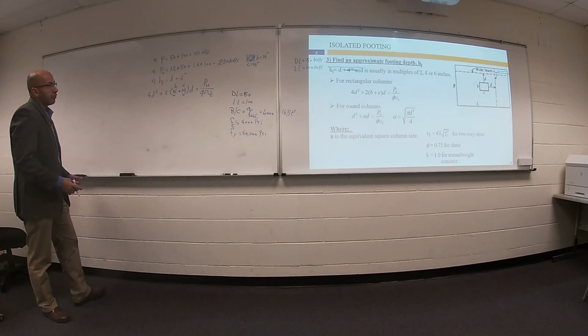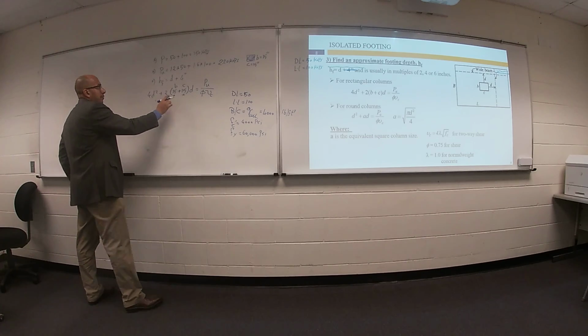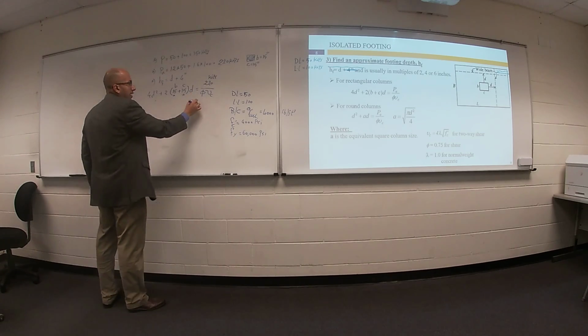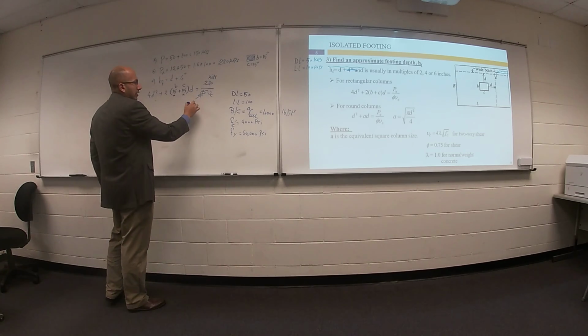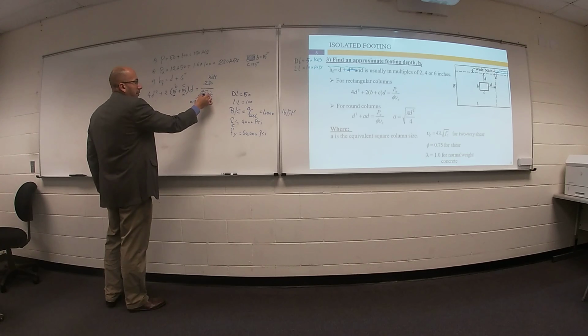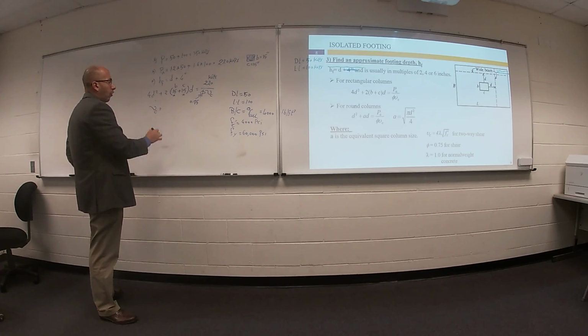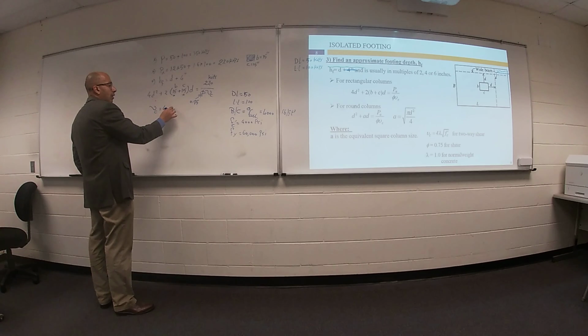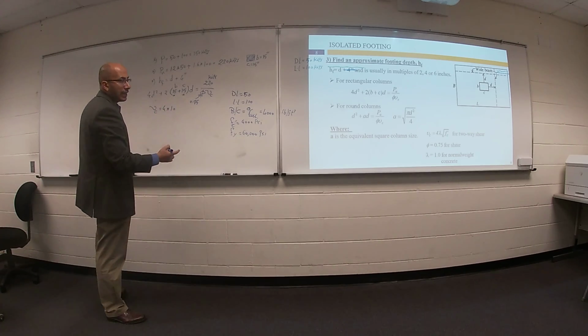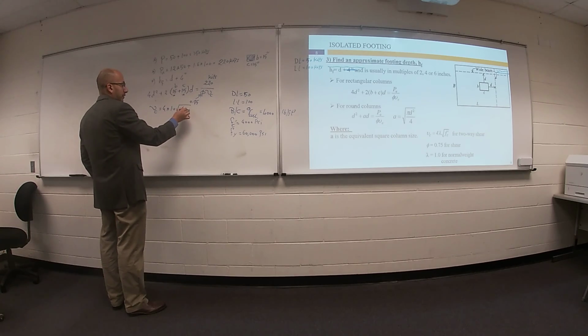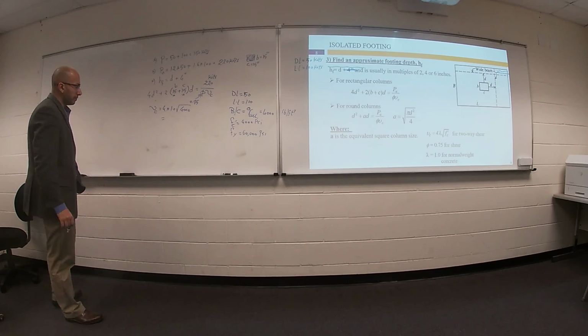And we need to figure out the value of P ultimate. P ultimate equals 220. Be careful about your unit. Phi equals 0.75. I'm still looking for mu c. Mu c equals 4 times lambda, which equals 1 for normal concrete, times the square root of f'c, 4000.